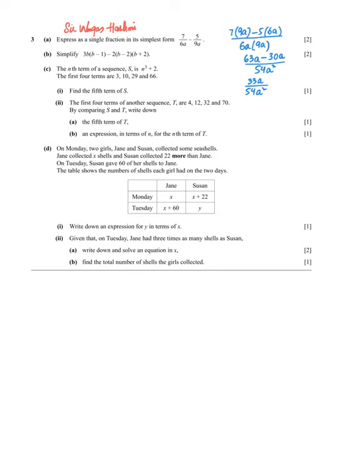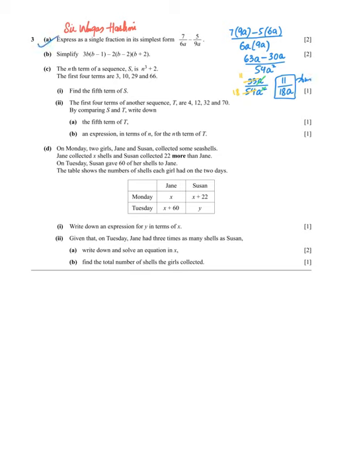Now we can start simplification. a and a square cancel. 3 11s are 33, and 3 18s are 54. So the leftover answer is 11 upon 18a, and that is your first part answer.